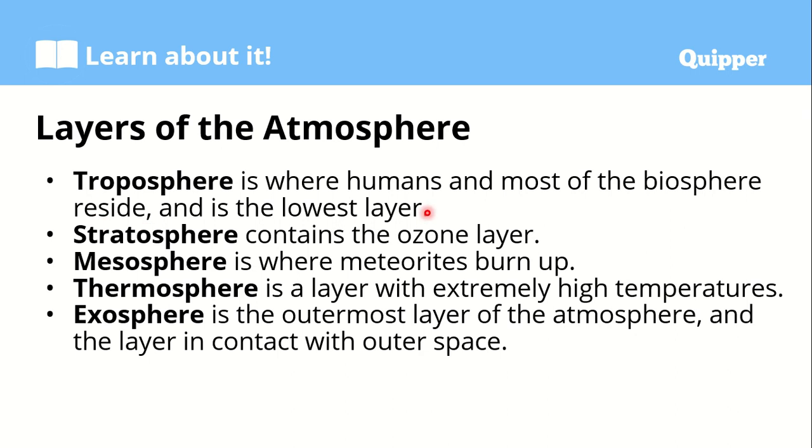But always remember class, ozone layer can always be located in the stratosphere. Now the oxygen, or the layer which is desirable for human existence or for living existence is the troposphere. Now mesosphere is where meteorites burn up.